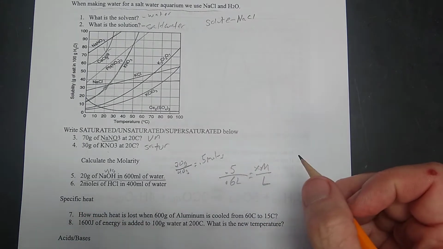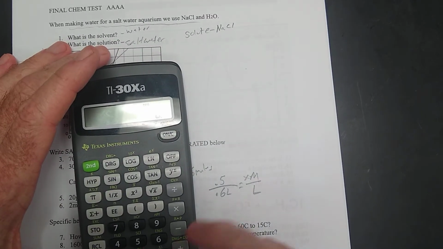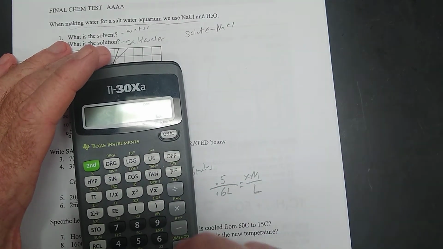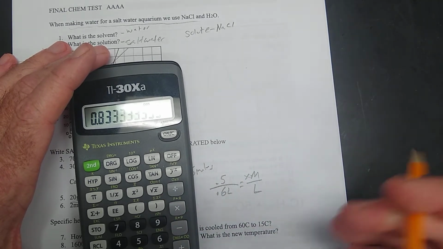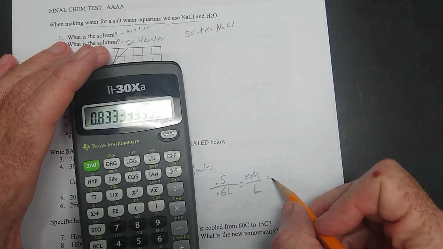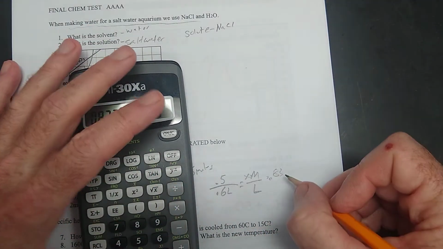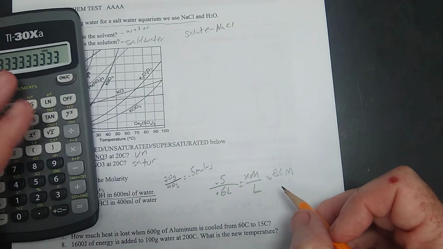Okay. 0.5 moles divided by 0.6 liters, 0.83. So 0.83 molar. All right.